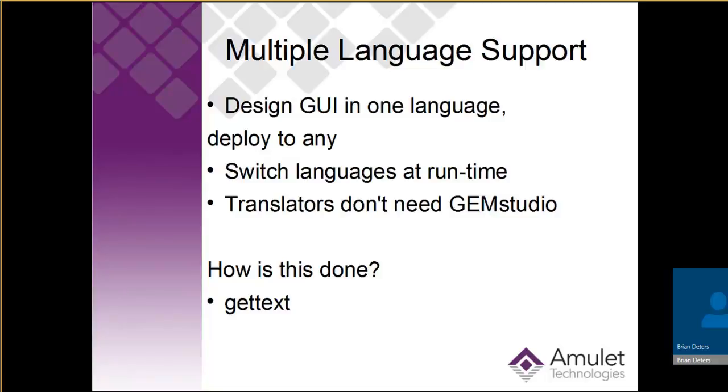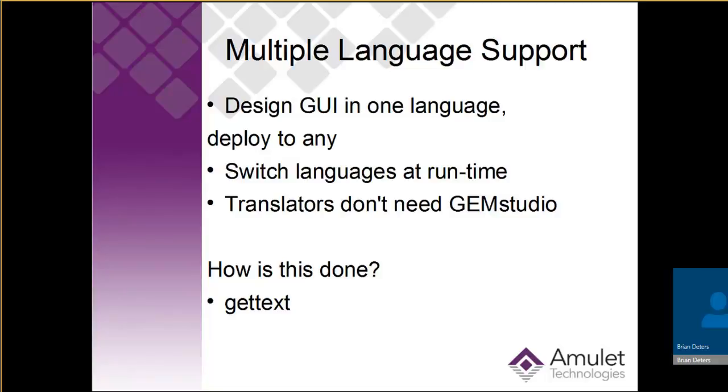So you could have a bunch of buttons of flags or a language changing page in your project and click that button and save that so that every time it boots after that, it'll remember the language setting, and you don't really need to manage any of the translations yourself. It's all really done for you. One of the best parts of this is that your translators don't need GEMStudio.